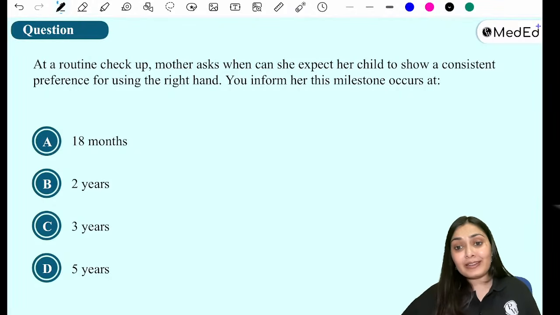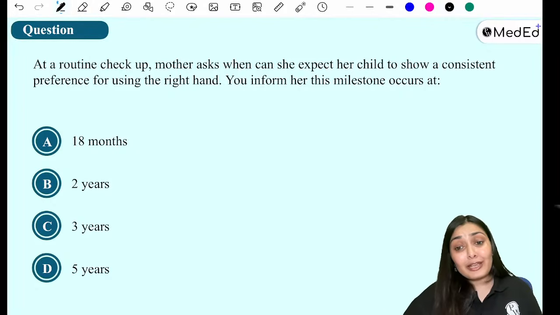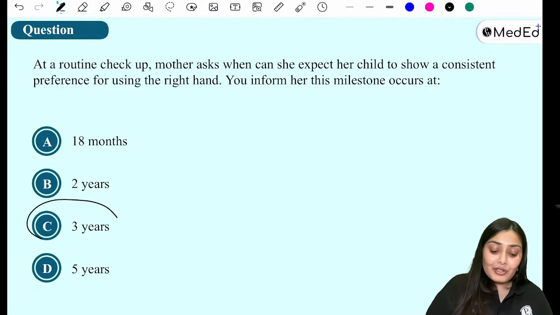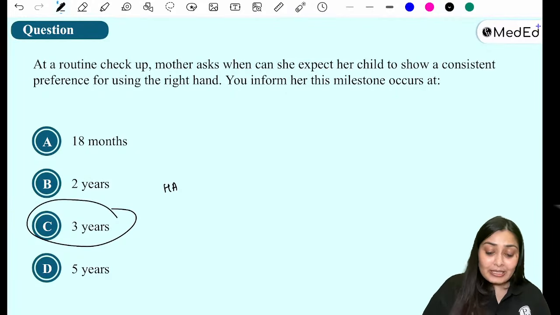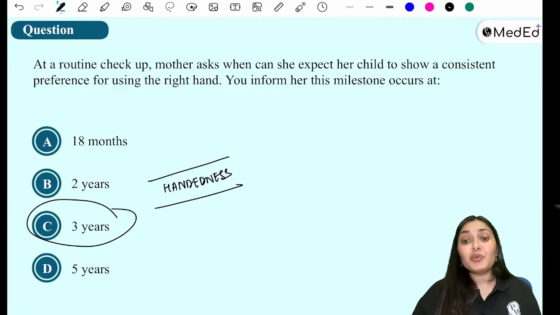If the child is right-handed, he will develop a preferential usage of the right hand. If left-handed, left hand, right? So when does this handedness come? Remember, this handedness comes by 3 years of age. Isha Thakur is correct. The handedness comes by 3 years of age. And what about left to right discrimination? Left to right discrimination, remember, comes by 4 years of age. So don't confuse between the two.